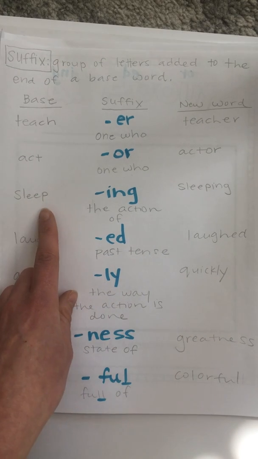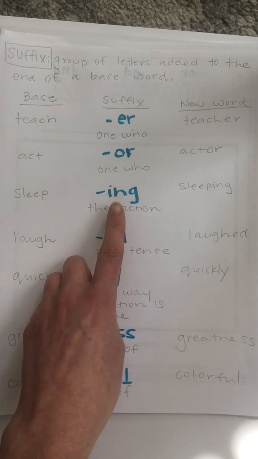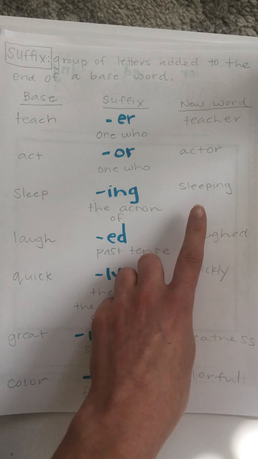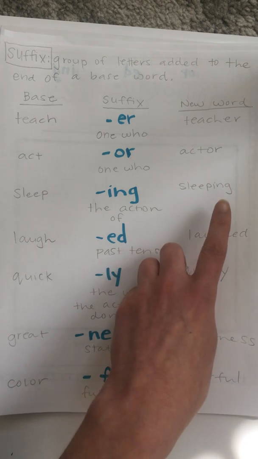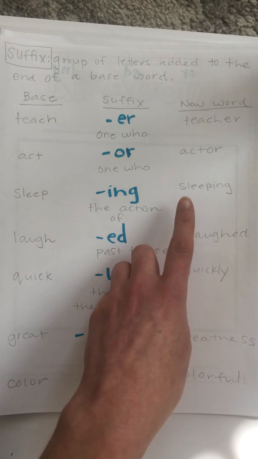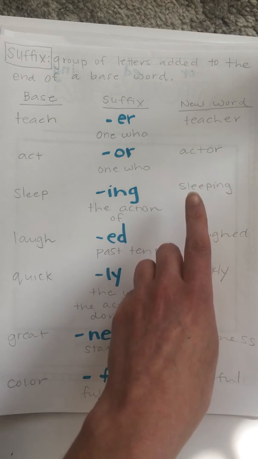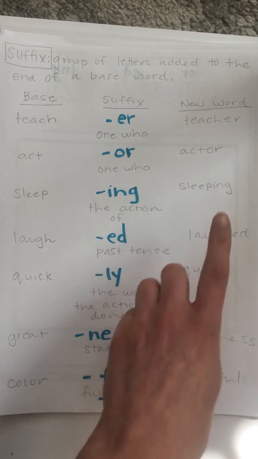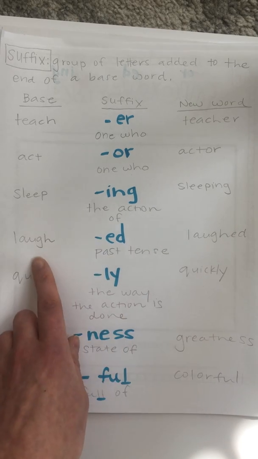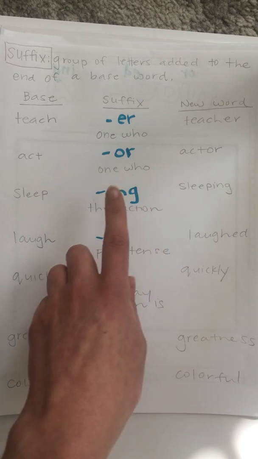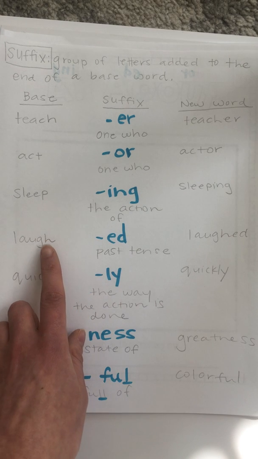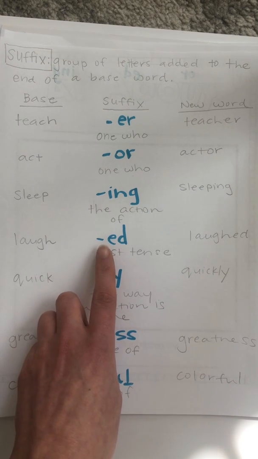My next base word is sleep, and if I add an ing I get sleeping, that means the action of doing it, okay? So the action of sleeping. If it was gardening, it would be the action of working in the garden, okay? If it was laughing, it would be the action of laughter. My next word is laugh, and it has an ed ending.